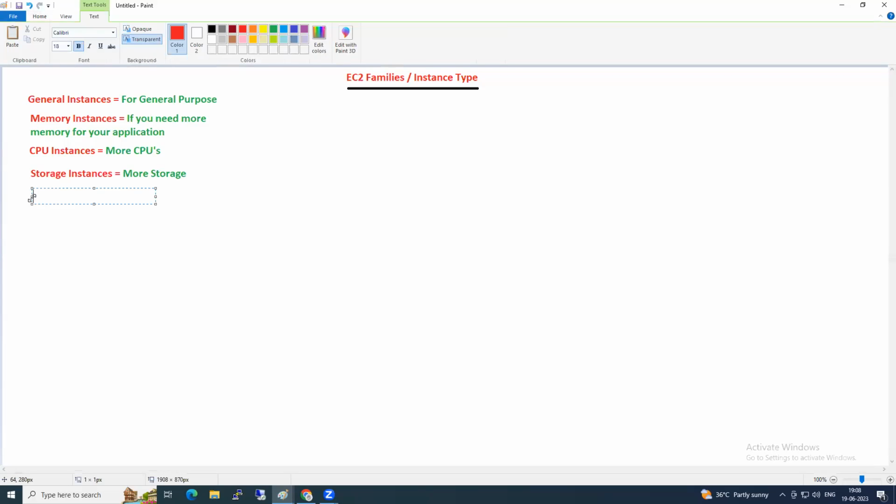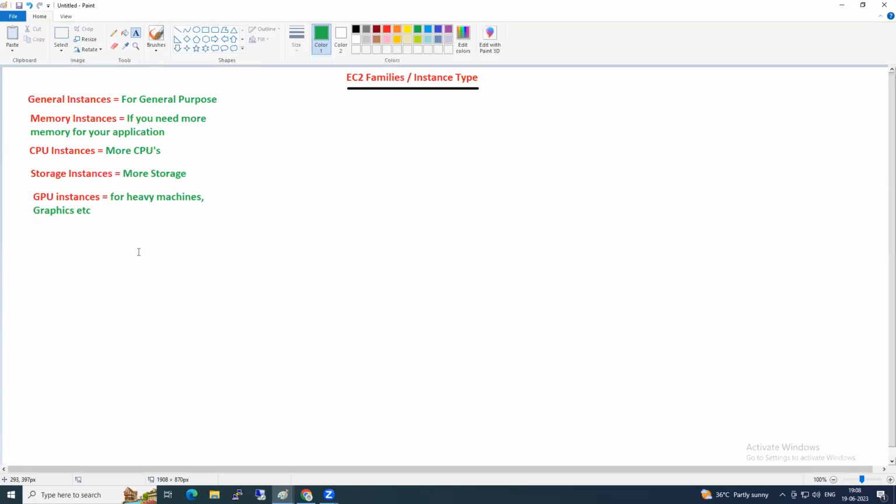And next, you have GPU instances. GPU instances are for heavy machines, for graphics, etc. Then go for GPU. So based on a requirement, you can choose those. For heavy machines, for graphics, you have those kinds.